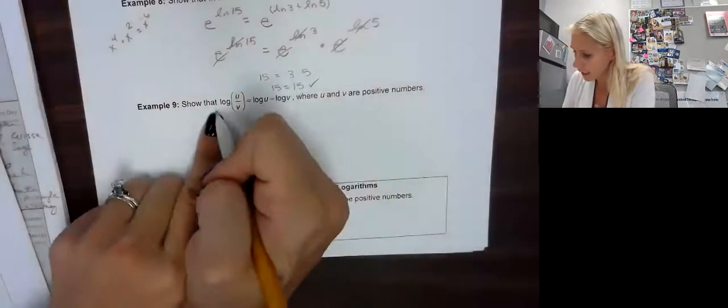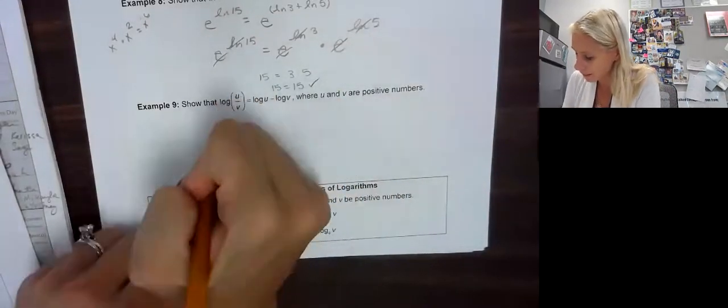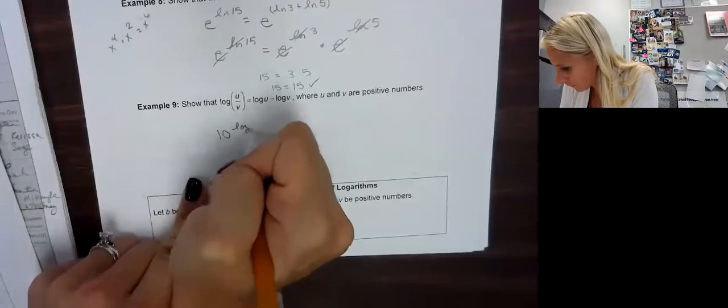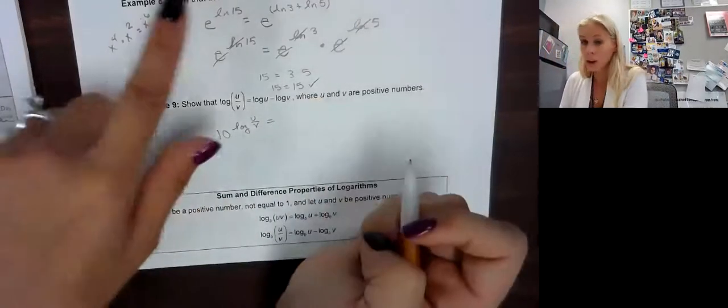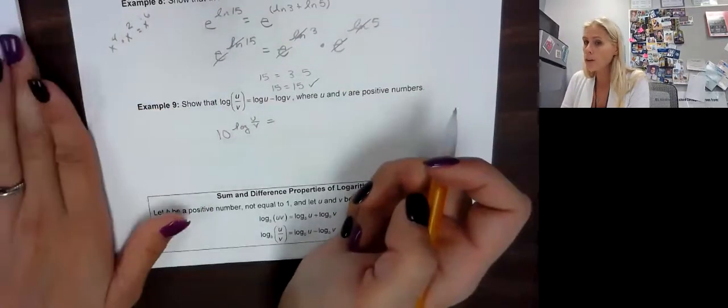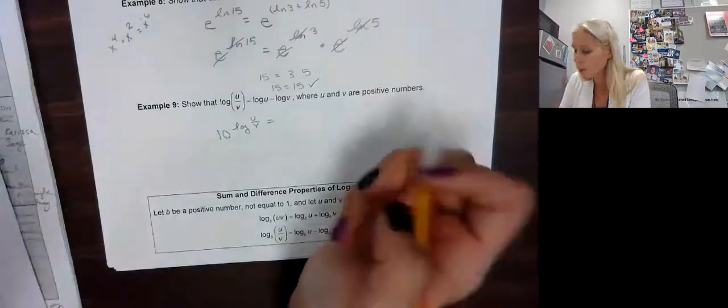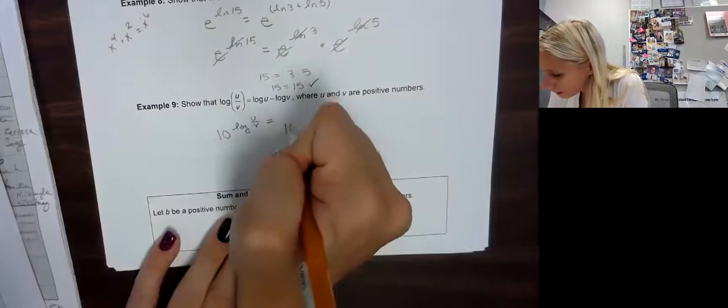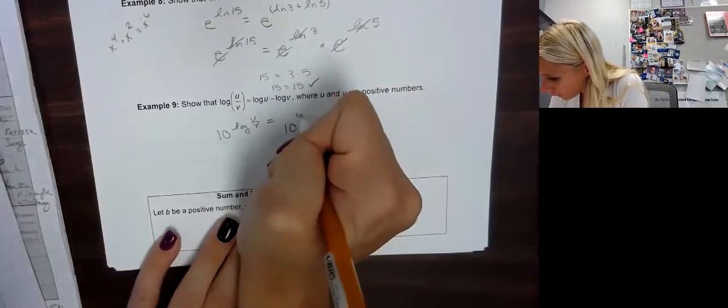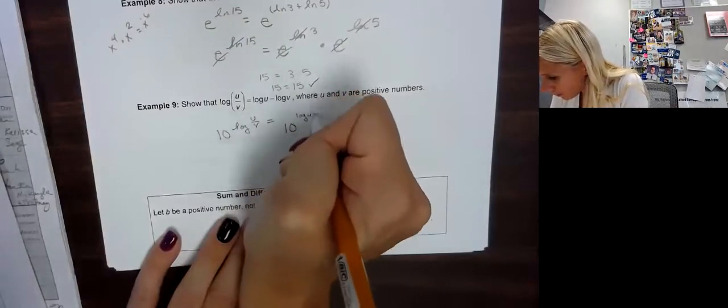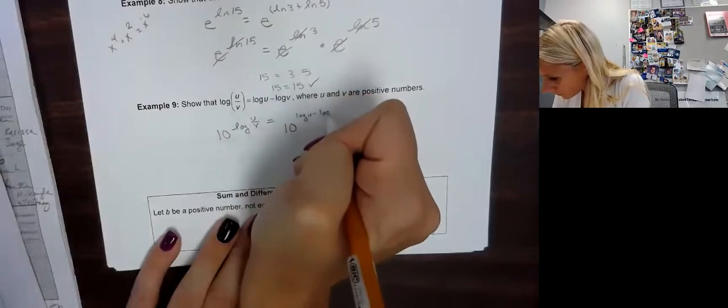So first of all, how do you get rid of the log on this side? Well, we have a base 10 of it because here we get log uv equals. Now remember, just like this side, whatever I do to one side, I do to the other, but only once. So this is base 10 of log u minus log v.